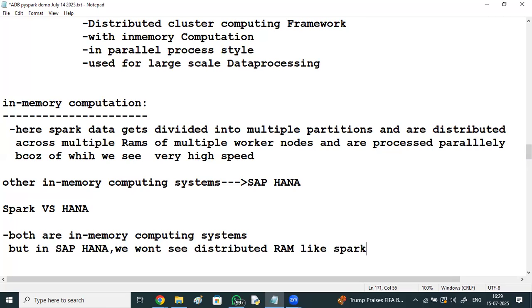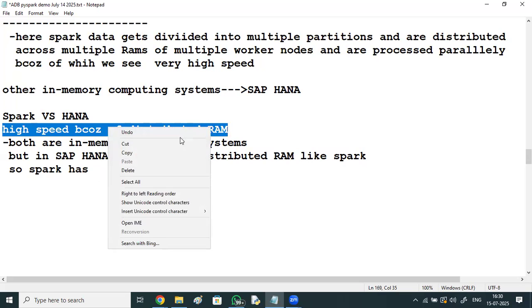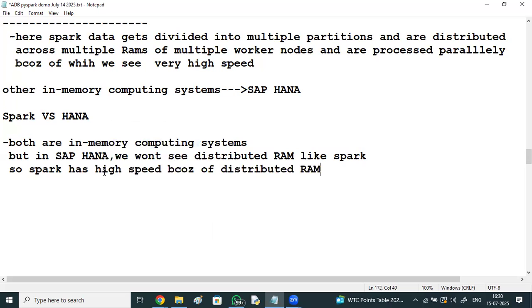So Spark has high speed because of distributed RAM.